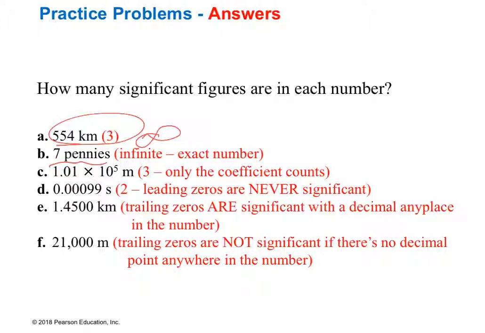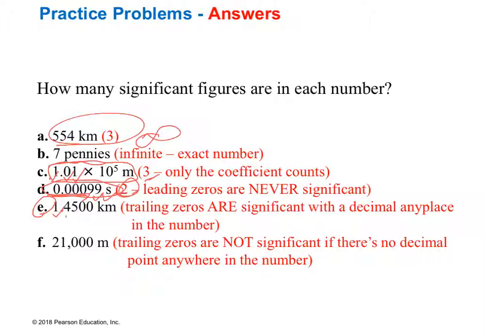All right, so this number is in scientific notation, and so you simply count all of the digits in the coefficient portion, which is 3. D has a bunch of leading zeros. You always ignore leading zeros, so this only has 2 sig figs. E has a decimal in it, which means that all the trailing zeros are significant.